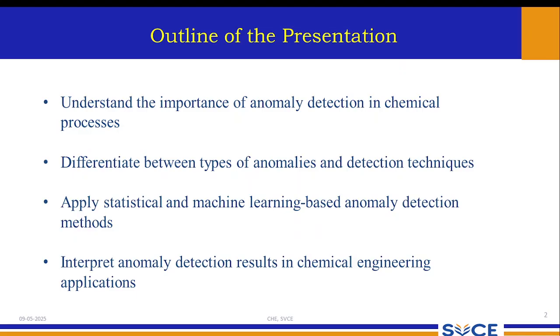The outline of today's presentation is to understand the importance of anomaly detection in chemical processes, differentiate between types of anomalies and their detection techniques, apply statistical and machine learning based anomaly detection methods, and interpret the anomaly detection results in chemical engineering applications. This is what we are going to see in today's lecture.